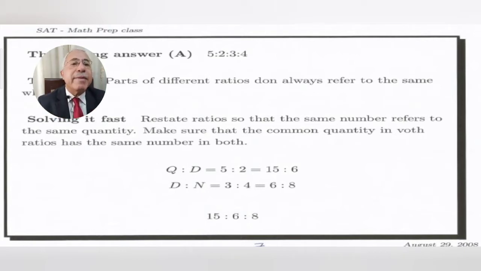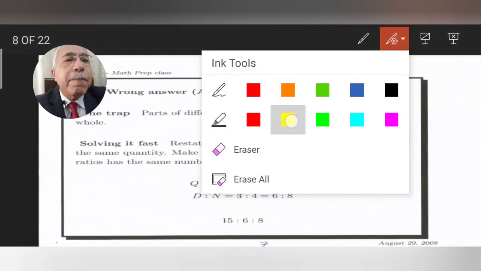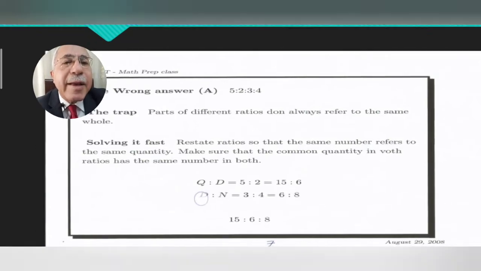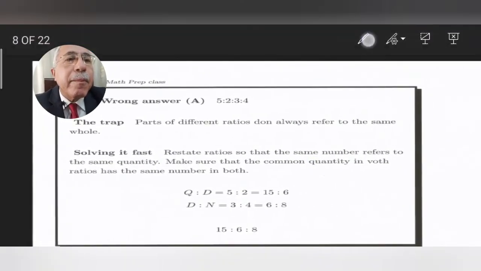Make sure that the common quantity, or what common quantity? The common quantity here is D. So when I put an order, Q to D is 5 to 2. He gave it to me.